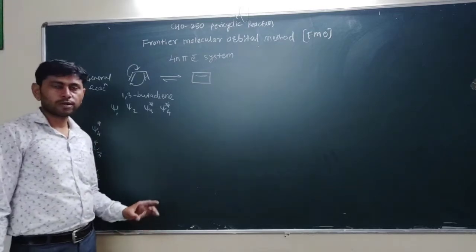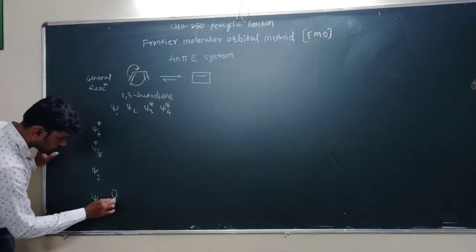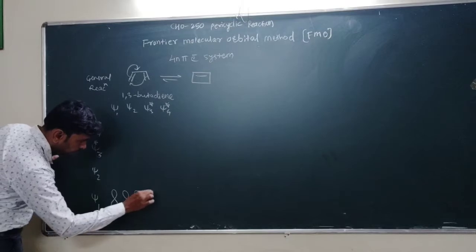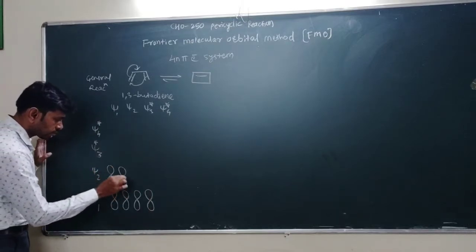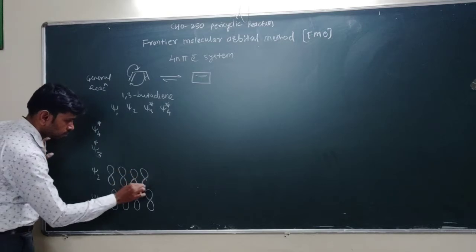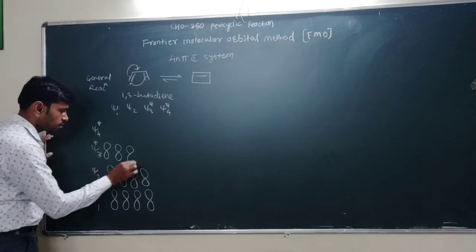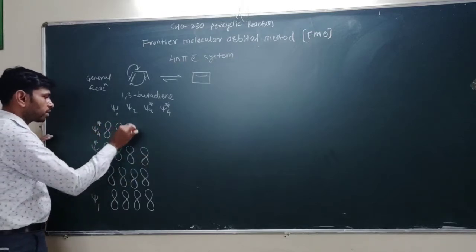For 4 molecular orbitals, there must be 4 atomic orbitals, so draw 4 atomic orbitals. Similarly, draw for psi3 star, and again for psi4 star, the 4th orbital.